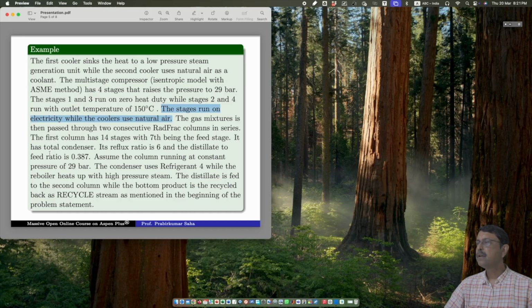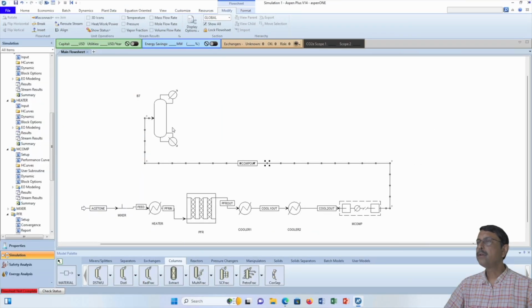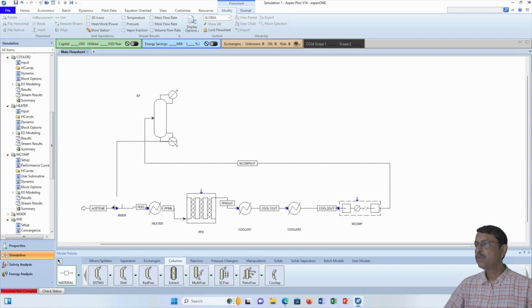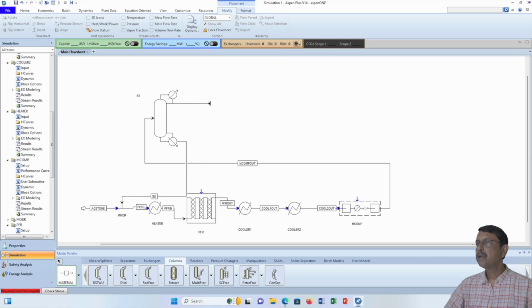And we have a total condenser over here. Okay, so we shall have this as a recycle stream, which is coming back to the mixer. And this one is the total condenser.